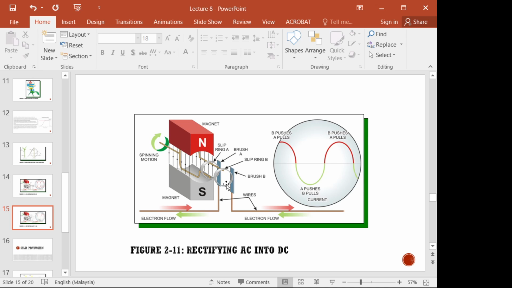Actually the wind turbine will generate alternating current, but it is then converted into direct current by rectifying the AC into DC.